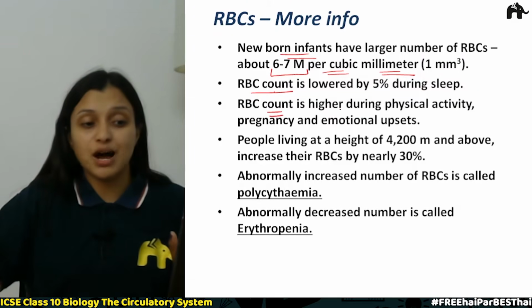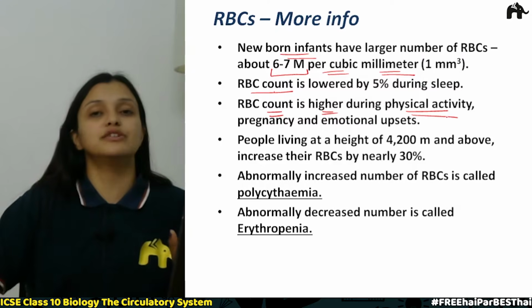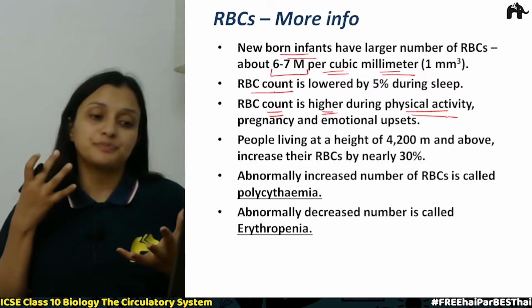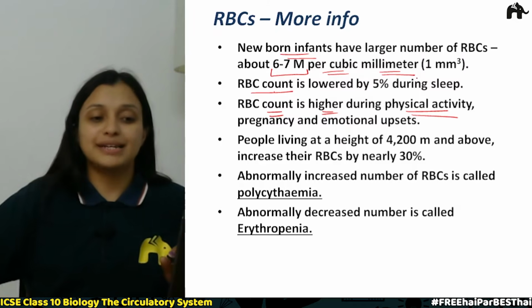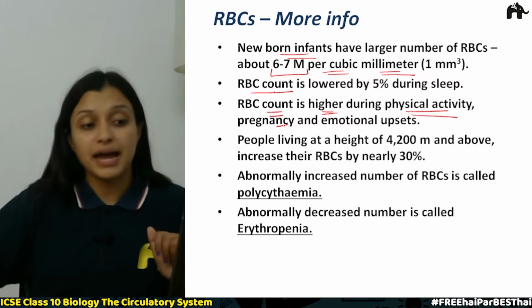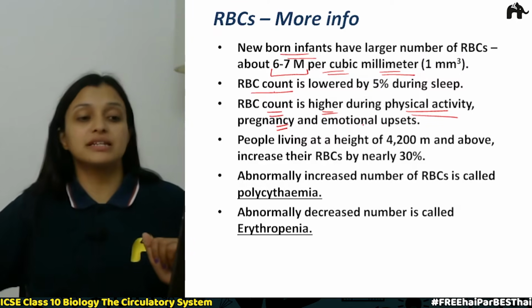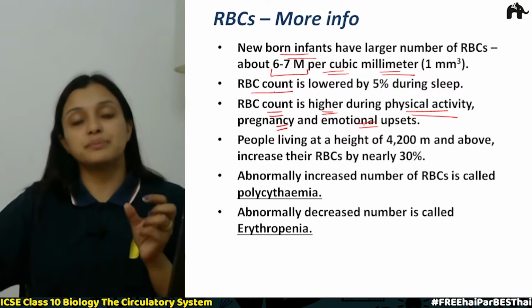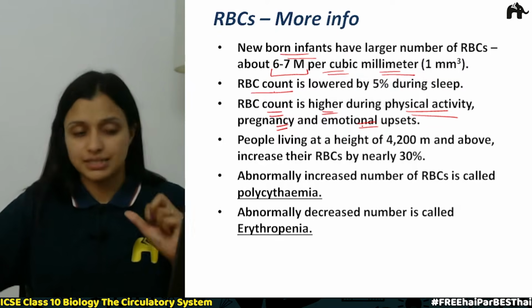Then the RBC count is higher during physical activity. So when you run, when you play, at that time the RBC count gets increased. During pregnancy also it gets increased, and during emotional upsets also, this RBC count gets increased, right?